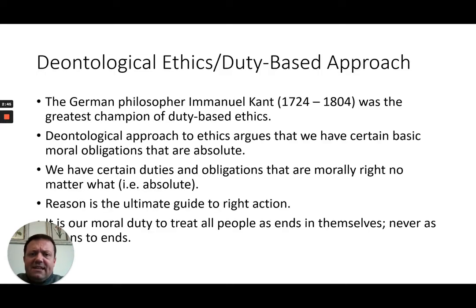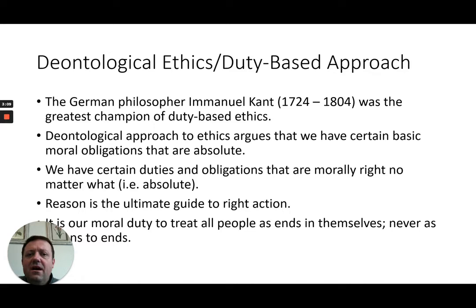So Kant's basic approach is a duty-based approach. His approach argues that we have certain basic moral obligations that are absolute. A moral absolute is a moral claim that is true come what may, such as never break a promise, or always tell the truth, or never lie.